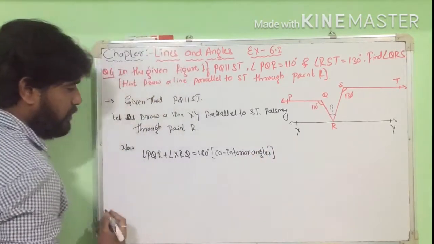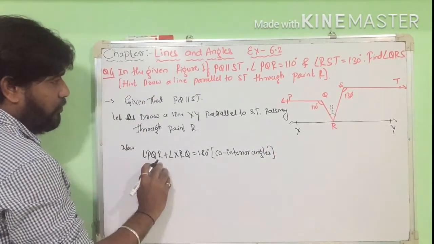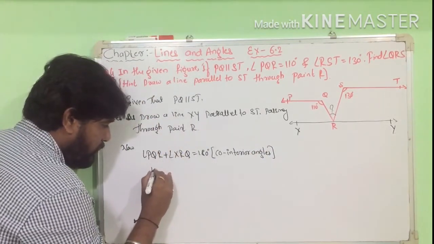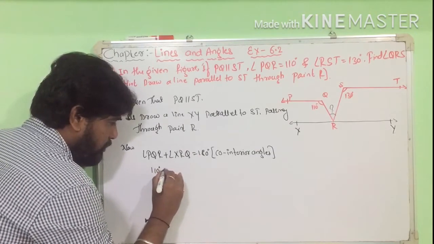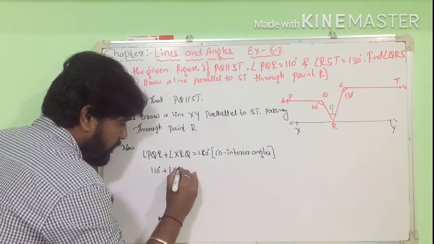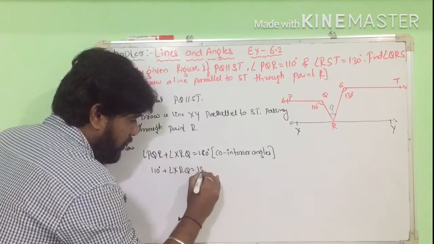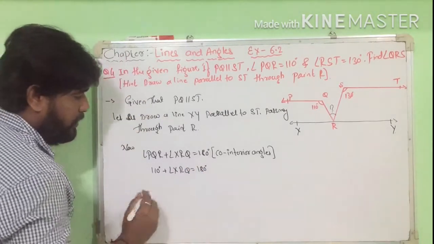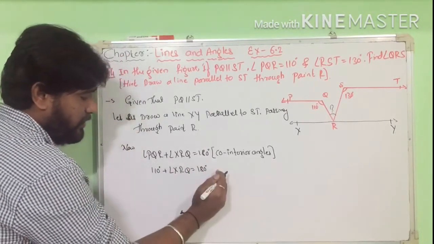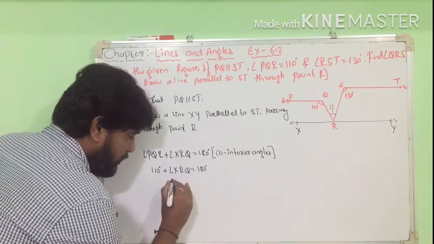Right? And we know that angle PQR is 110. 110 plus angle XRQ is equal to 180. So 110 goes to the RHS, it becomes a minus.